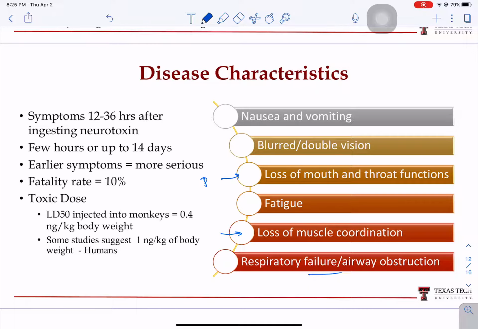The fatality rate is about 10%, but I have mentioned several times that it depends. It's not about the patient in terms of the immune system, but mainly how much of that toxin you have consumed.